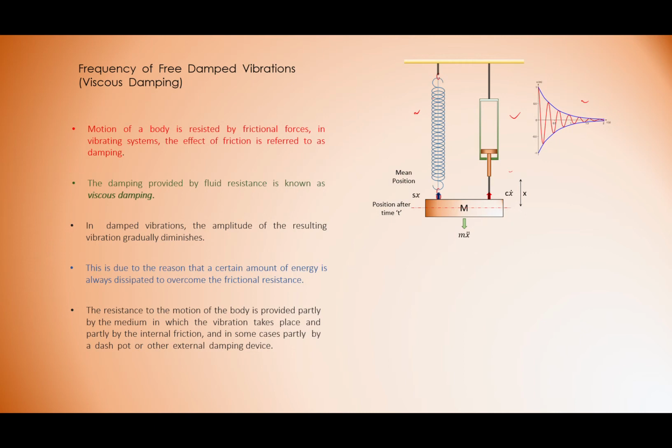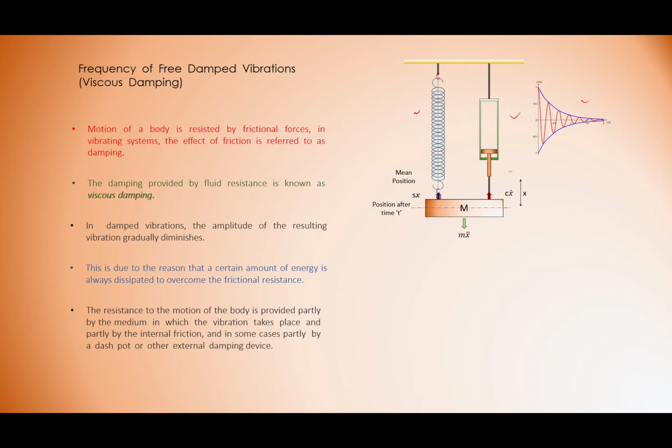For the dashpot, you will have what we call the damping force. For the spring, we have the spring force or restoring force. For the mass, we have the inertia force, that is ma. You know what restoring force is, right? That is the stiffness of the spring multiplied by the deformation of the spring, its extension or contraction.